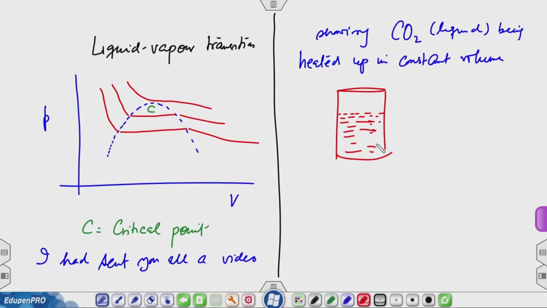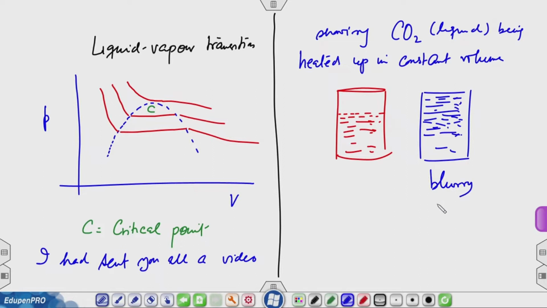Slowly, it starts vaporizing, and it goes into a phase where the whole thing is homogeneous, and it becomes blurry.